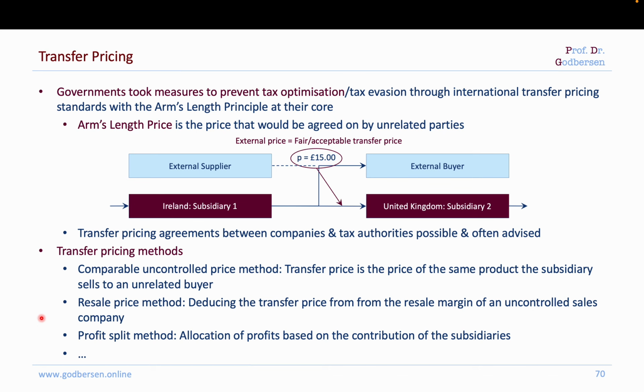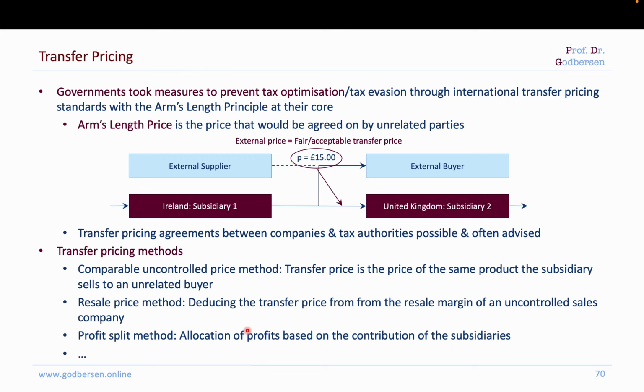So there are several transfer pricing methods, like the comparable uncontrolled price method. That is what I've just explained. The transfer price is the price of the same product the subsidiary sells to an unrelated buyer. Resale price method is deducing the transfer price from the resale margin of an uncontrolled sales company.